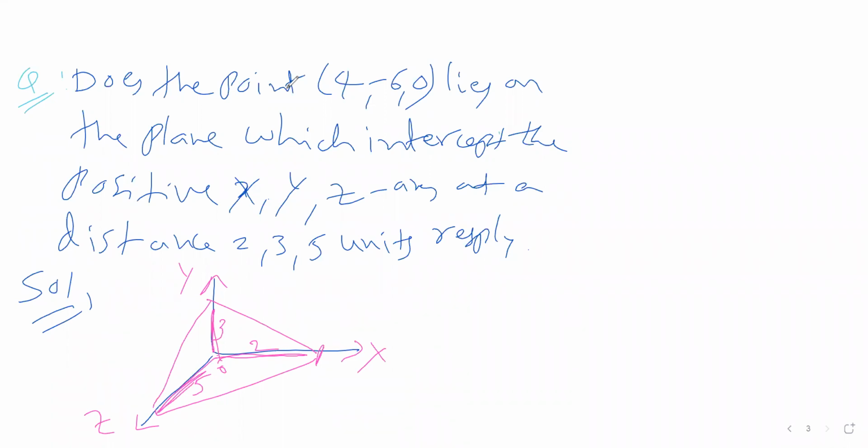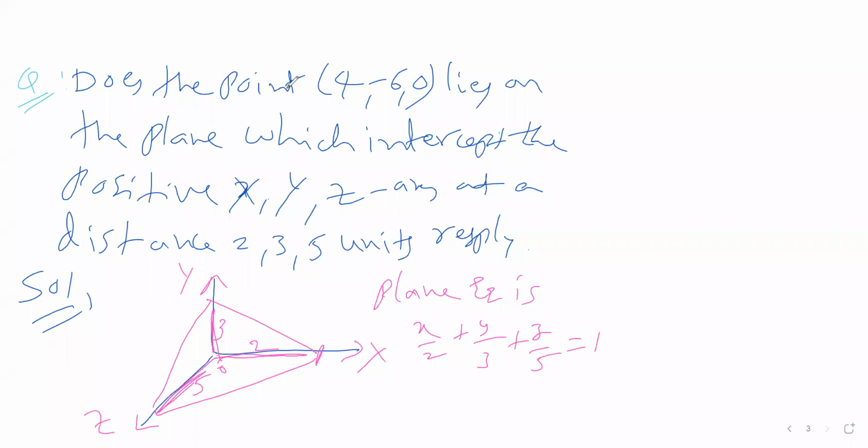Therefore, using the formula for the plane when intercepts are known, the plane equation is x by 2 plus y by 3 plus z by 5 equals 1.